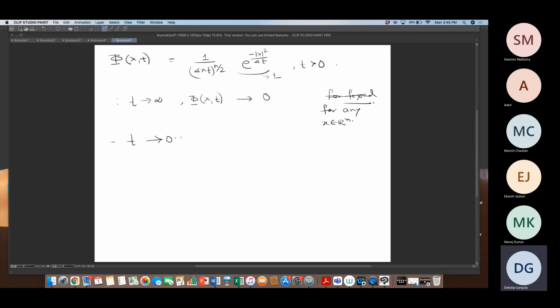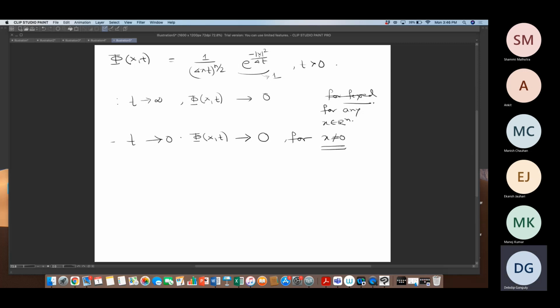What happens to this function when t tends to 0? It goes to 0, because for x not equal to 0 this is the case.